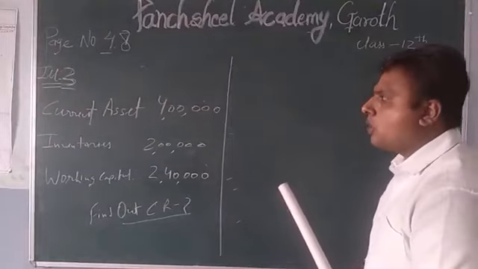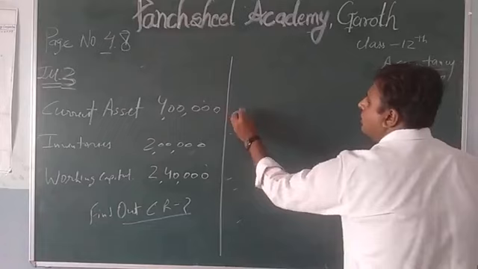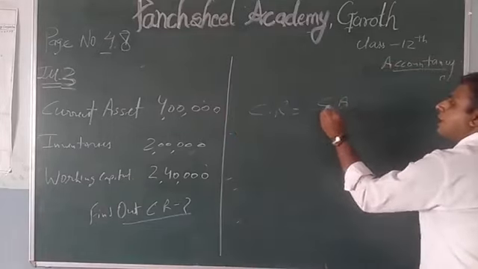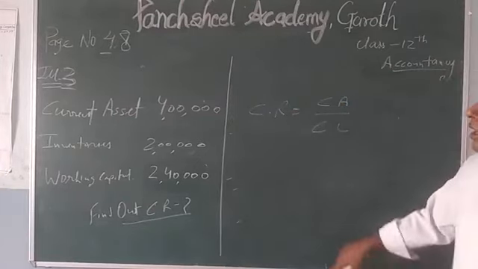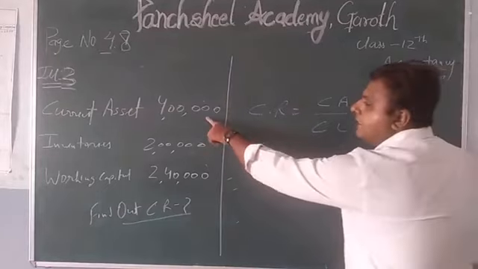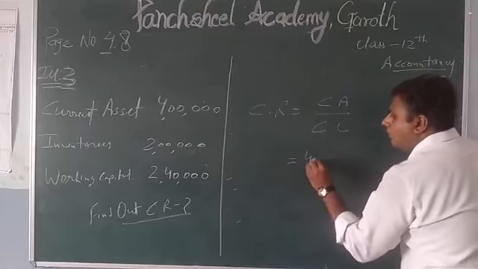Let's see the question. Here the solution. Current ratio is equal to current asset divided by current liability. Here the current asset is directly given to us, so you can write directly current asset 4 lakh.